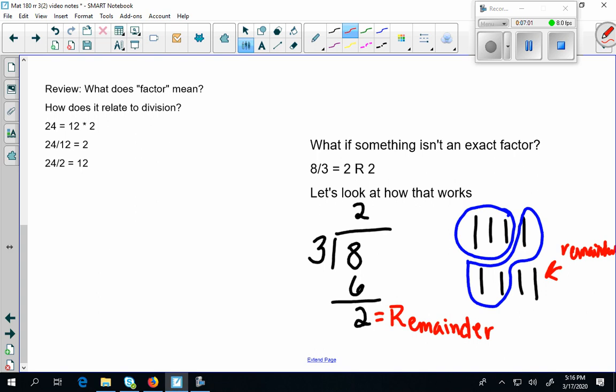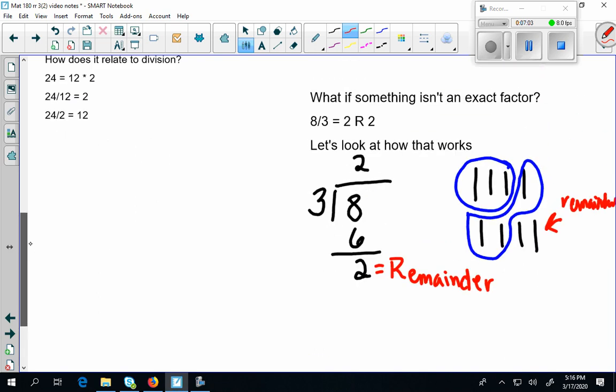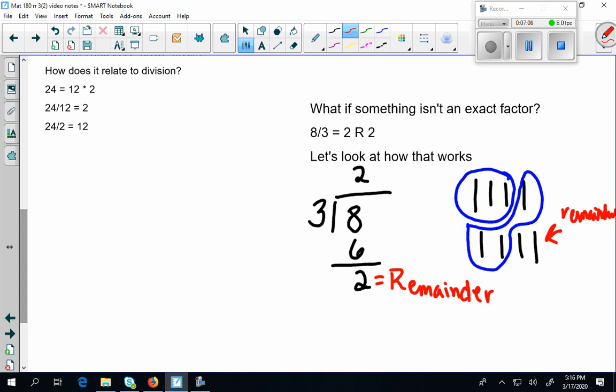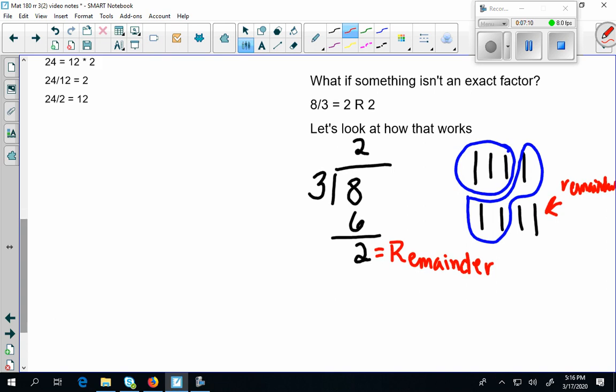If 3, the divisor, is the whole, I'm asking how many whole groups of 3 I can get out. Dividing 8 by 3, I get 2, and I can get 2 thirds of another group, since 3 is the whole thing. I want you to keep that in mind as we look at dividing these polynomials and talk about how we write the answer when we have a remainder left over.